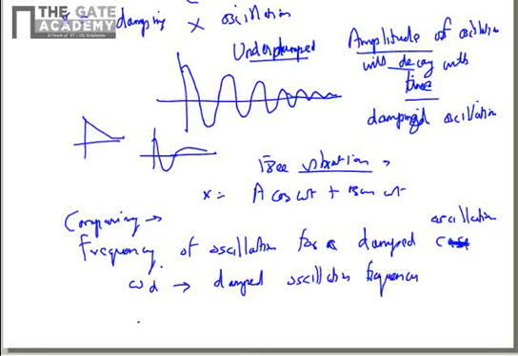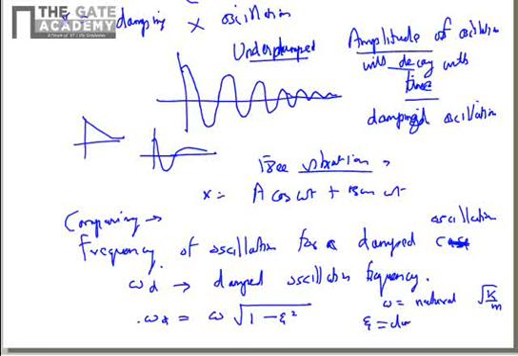And what is its magnitude? We saw that omega d is equal to omega multiplied by square root of 1 minus v square. Omega is the natural frequency of the system, which you get by the square root of k by m, and v is the damping ratio, c by cc, the critical damping, and critical damping is equal to 2 root over k m. These are some of the key formulas that you should remember, because simple objective questions can be formed from them.